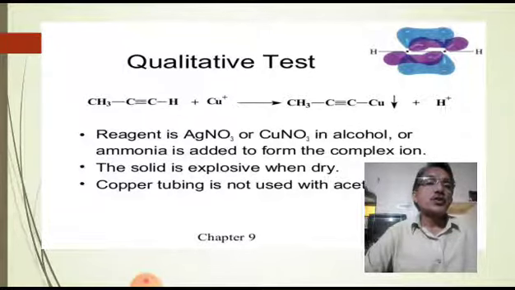This reaction shows the acidic nature of propyne. Formation of heavy metal acetylide indicates the acidic property of alkynes.